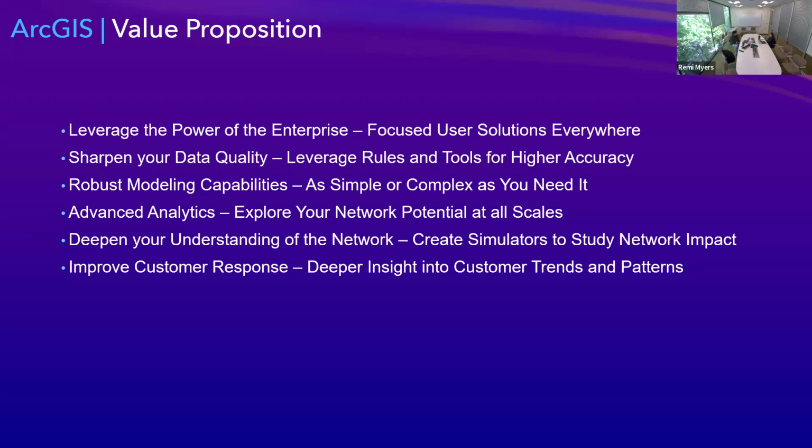You really can sharpen your data quality utilizing it. There's tools that really lock that in, and encourage and require that higher level of accuracy. So it really brings your data up to a next level as far as accuracy is concerned. And that's always important, especially when you're making decisions or utilizing this for safety things. It's so important to have really up to date and accurate data and information.